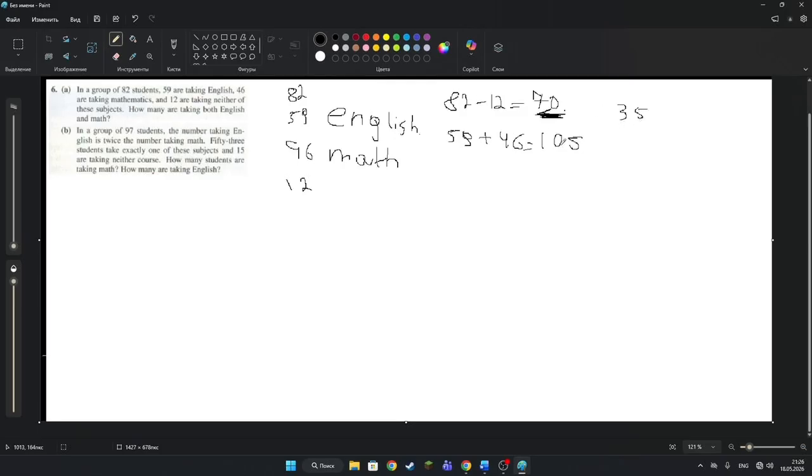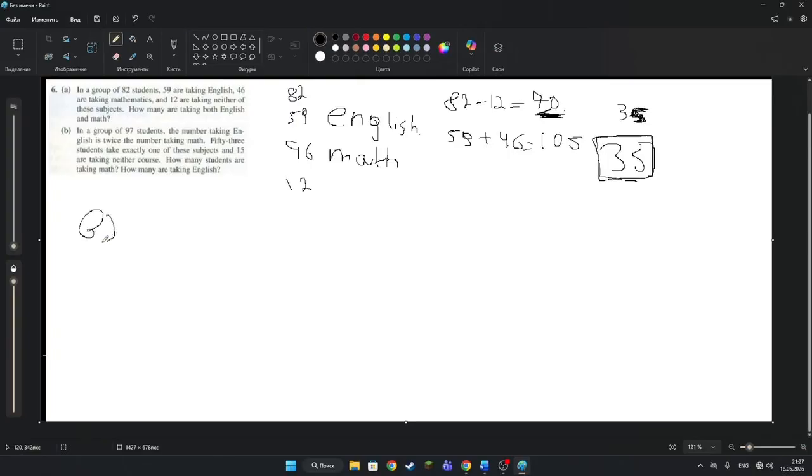Why? Because some students who are learning both subjects are counted twice. That means they're learning two subjects at one time. I don't know how to explain that, but it's the basic logic. So the answer is 35 students learning both subjects, the answer for A.